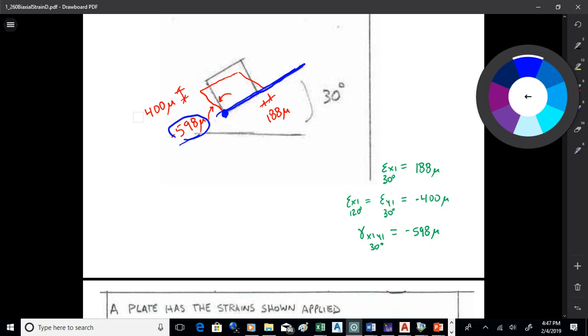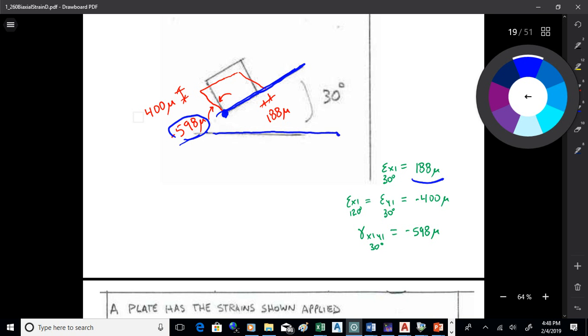On the right bottom there's 188 micro and it lengthens. Right. On the top it's 400, but it shortens. Right. I'm running out of time, but I'll get to it. In strain, the reference plane is the horizontal plane.